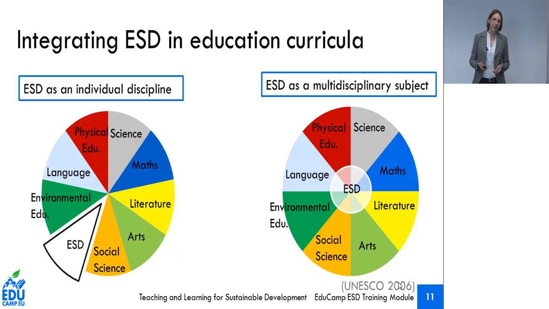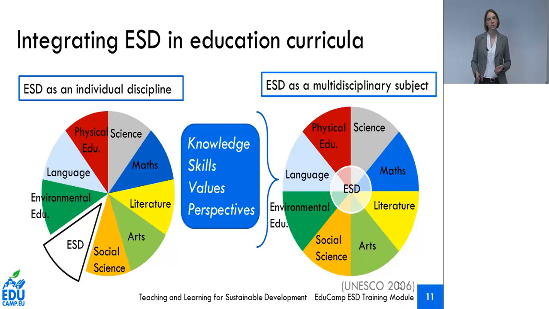This is, I guess, the more difficult option, but it will also have a better impact, because ESD is complex, but it connects so many different issues. So we should really try to see ESD as a multidisciplinary subject, and to integrate all this sustainability knowledge, the skills we need, our values and perspectives into the whole curriculum and into the whole educational system.